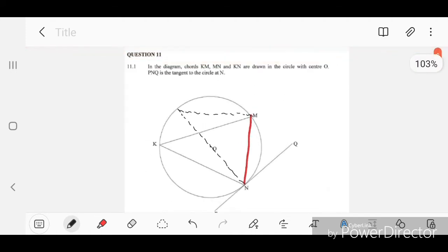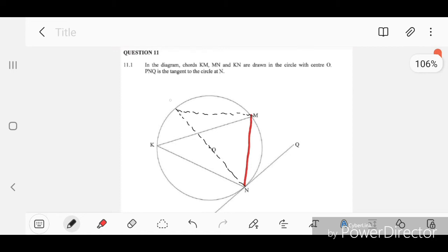So we can name this angle here G, or whatever letter you feel comfortable with. All right, and then maybe we can say this is our N1 and this is our N2. So the intention is to show that N2 equals K. That is what we want to prove.